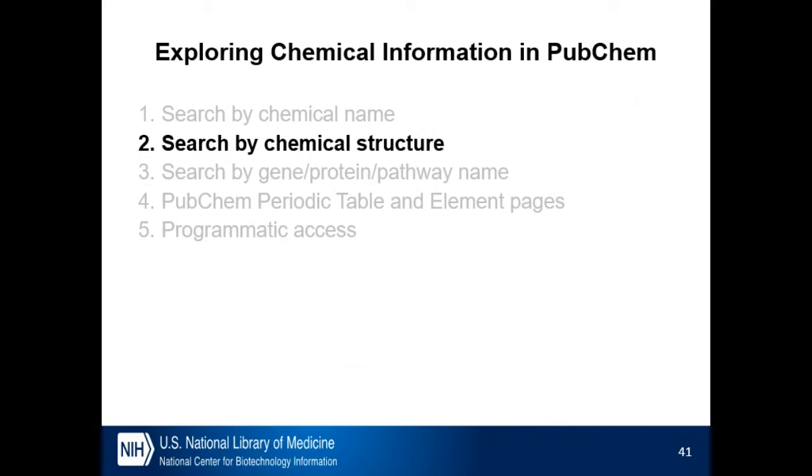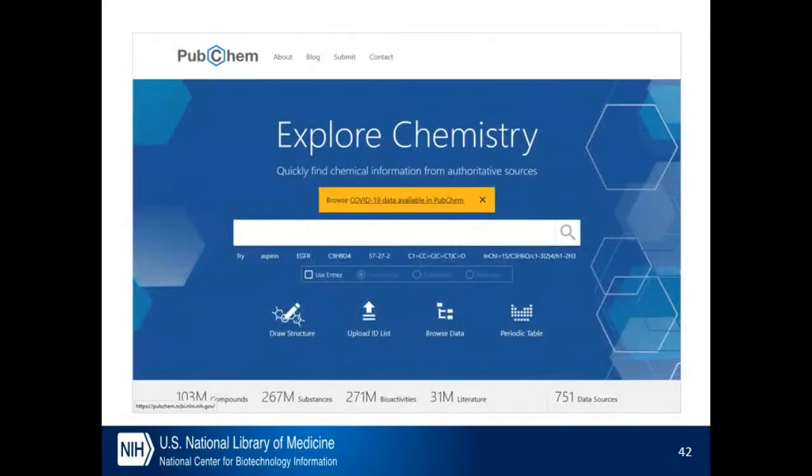Then search by chemical structure. There are so many things that you can do with PubChem beyond a simple chemical name search. For example, you can search PubChem using a chemical structure as an input. You can provide the input structure using a SMILES or InChI string, which I talked about at the beginning of this talk.